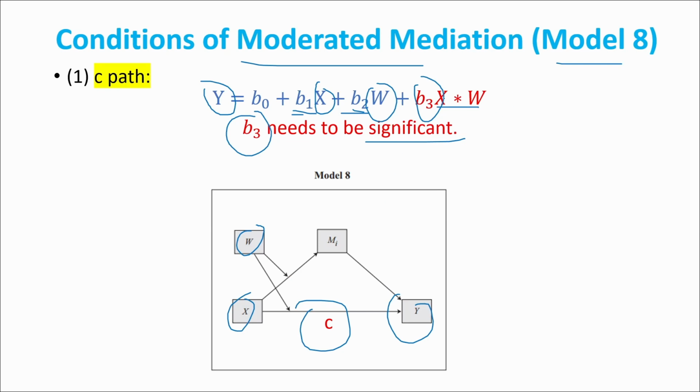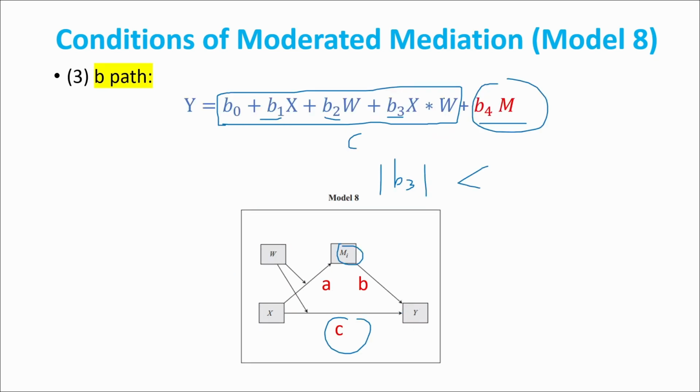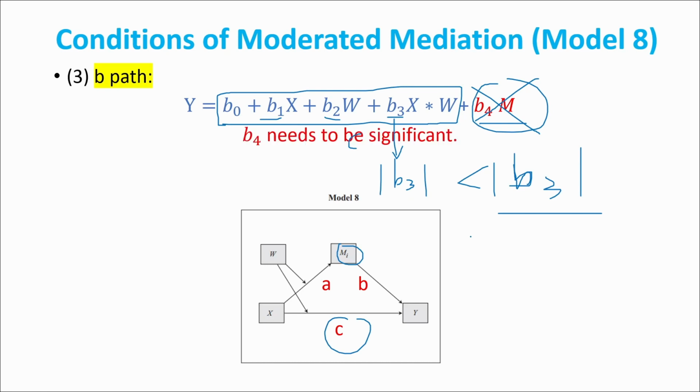So that's what you expect. But the key point here is that B4 needs to be significant. Okay, now we know these three conditions.